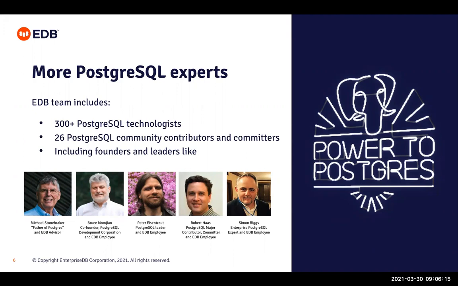There's Bruce Momjian, who was co-founder of the Postgres community and a very large contributor to Postgres today as well. Peter Eisentraut and Robert Haas, who are development leaders in the Postgres community. And Simon Riggs, the former CEO of Second Quadrant and a huge contributor as well to Postgres itself.